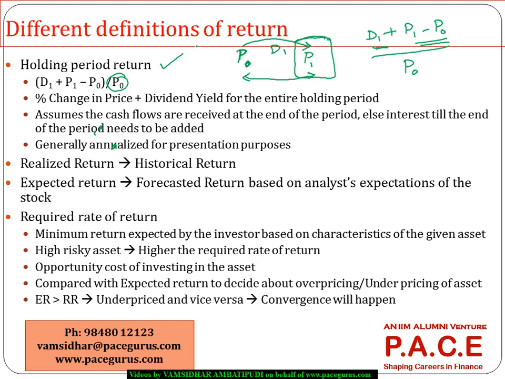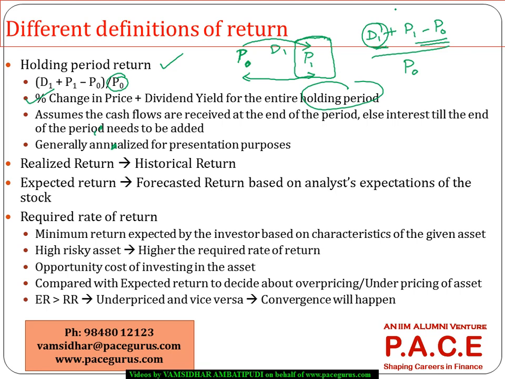This holding period could be 1 month, 1 year, 10 years. We are not that much bothered about it. The day on which I have purchased the security, the day on which I have sold the security, whatever is the change in price, and whatever the benefit that that particular security has given during the holding period. So the holding period is right from the time of buying to selling, nothing to do with 1 month or 1 week or 1 year or 10 years.